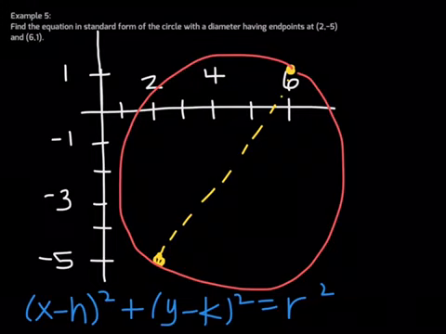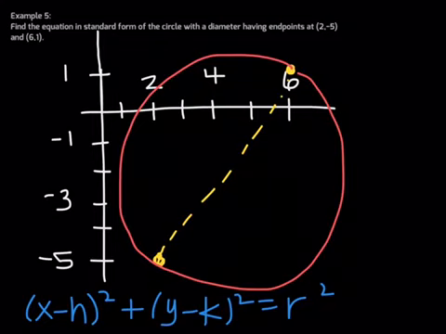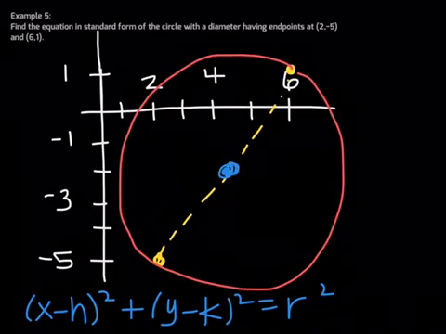Now, these two are the endpoints. 2, -5 and 6, 1 are the endpoints of the diameter. The diameter by definition goes right through the center. So this is what I'm thinking. The center is right in the middle of this segment, right?